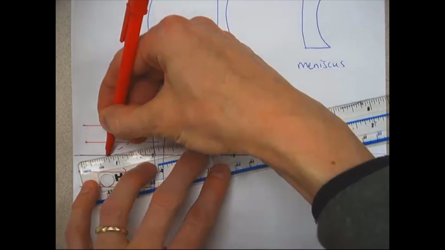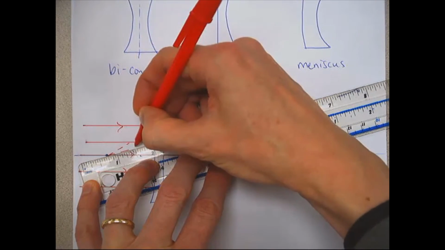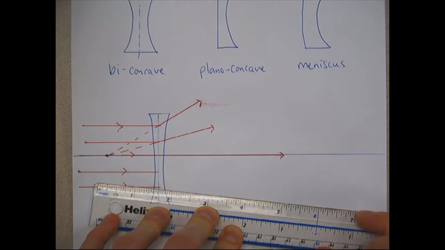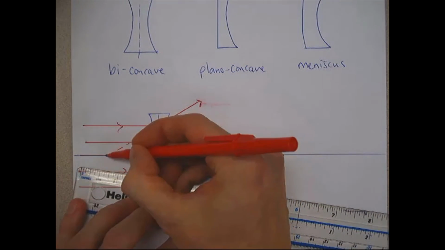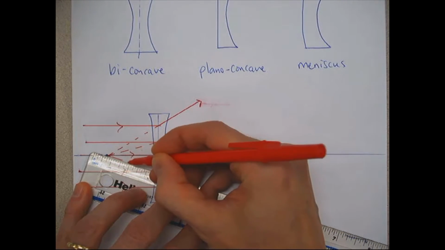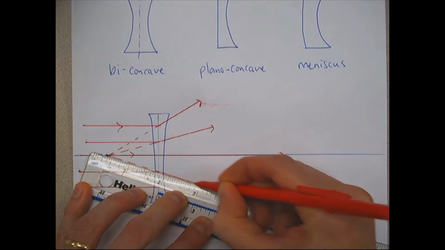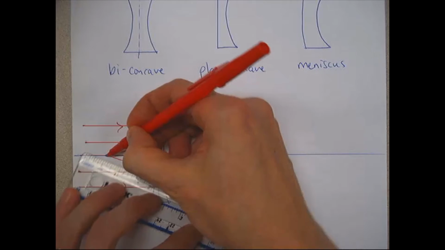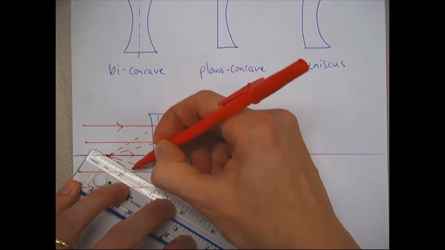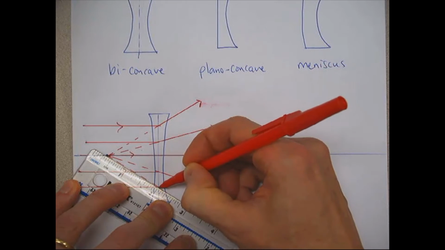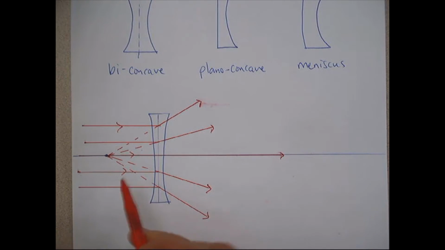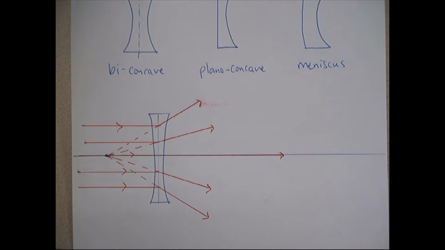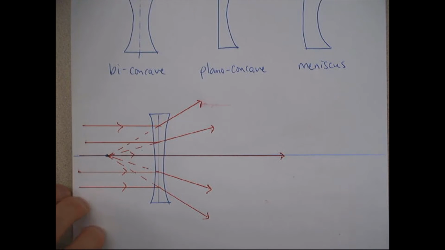Even though these light rays are diverging, they're all traveling apart on the right-hand side of the lens. They look like they're coming from the same spot on the left side. I'll use dashed lines to the left of the lens here because it's clear that the light rays are not actually traveling to or from that special point, but they appear to emanate from that point.